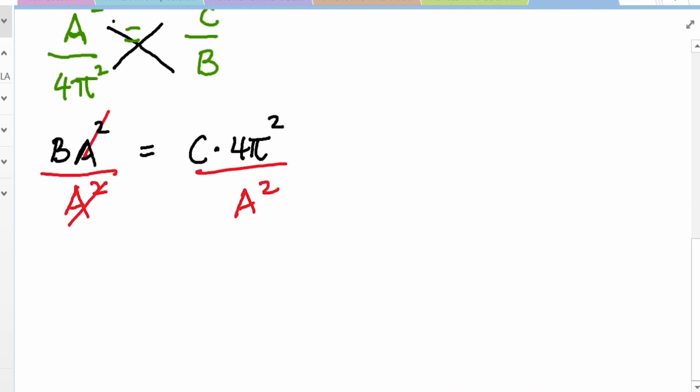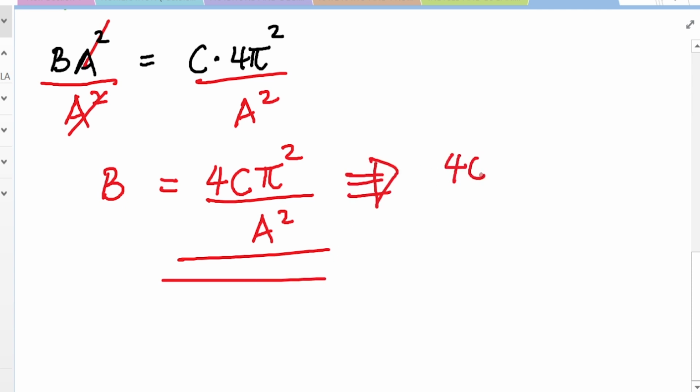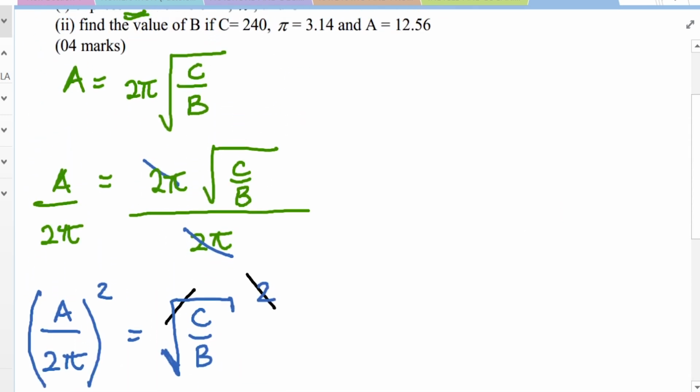And from there, we have b, which we are making the subject of the formula, being equal to 4c pi squared over a squared. And yeah, that's an answer. We can stop there. Or you can go ahead and modify it and say it is 4c into pi over a, squared. Either way, it's still correct.